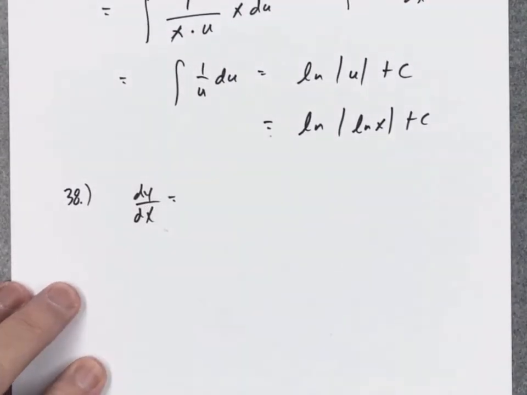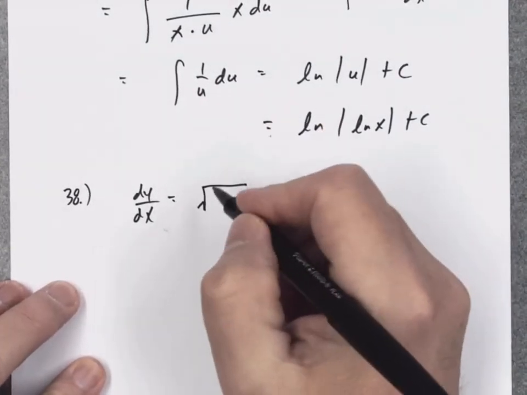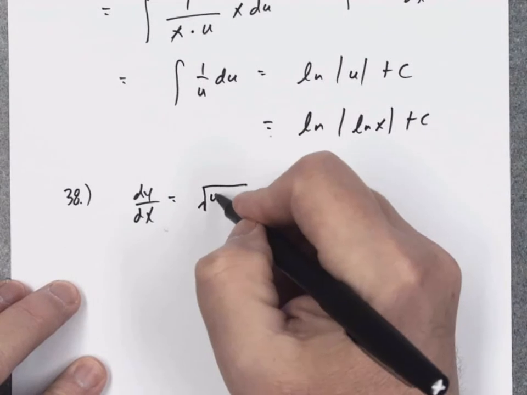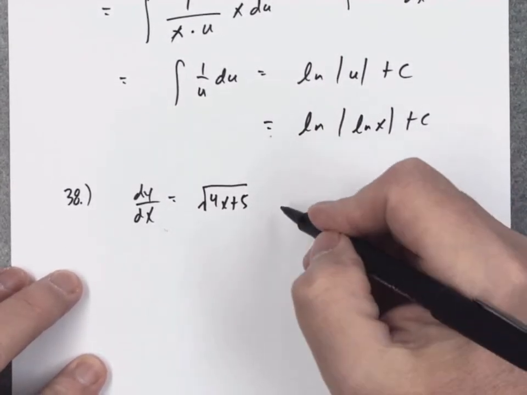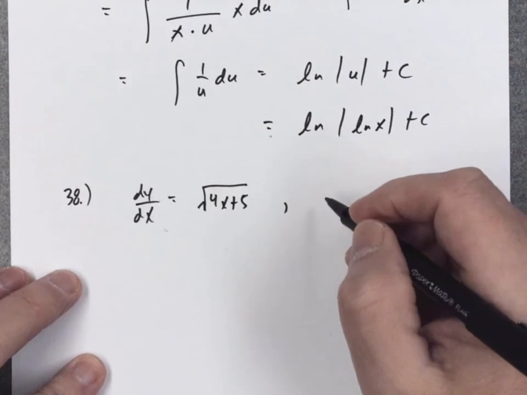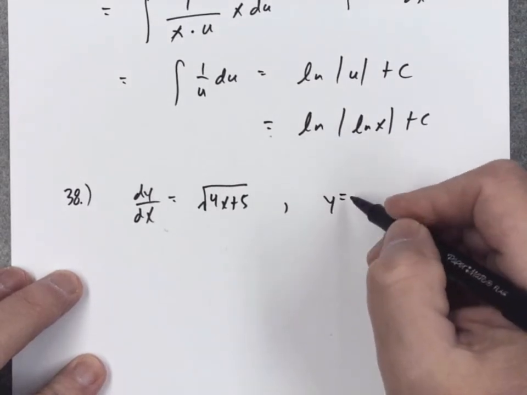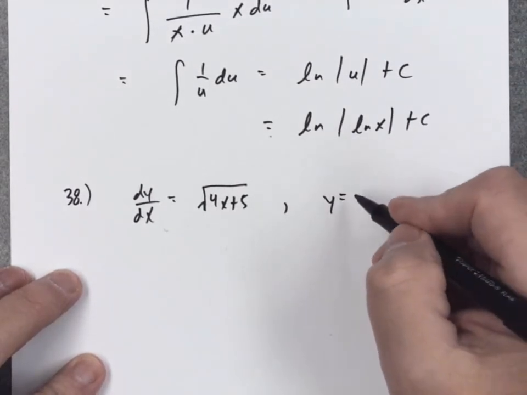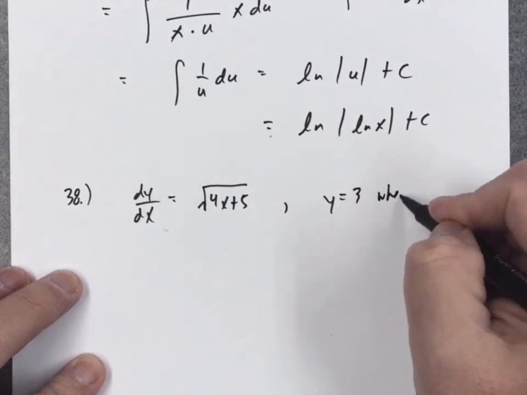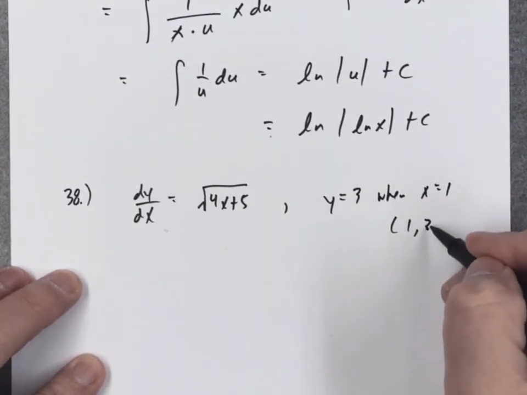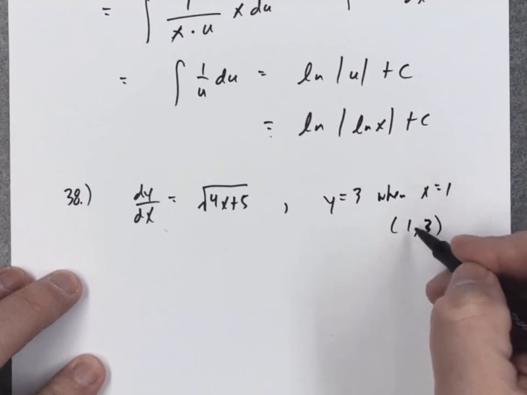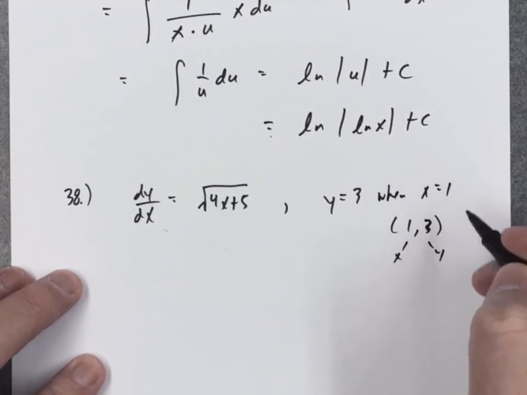They write it as dy dx. And they say y equals 3 when x equals 1. So basically, they're giving us a point like 1, 3, right?